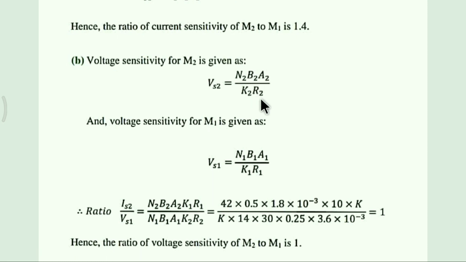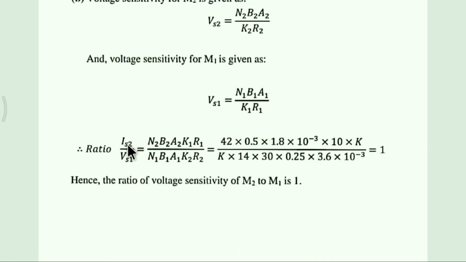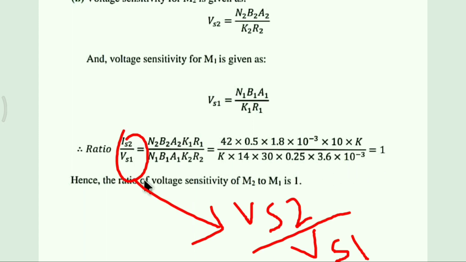One extra R will come in the denominator. Now VS1 with suffix 1 means N1, B1, A1, K1, R1. According to the question, VS2 by VS1, all the values we have inserted, it comes out as 1. Hence the ratio of the voltage sensitivity of M2 to M1 is 1.